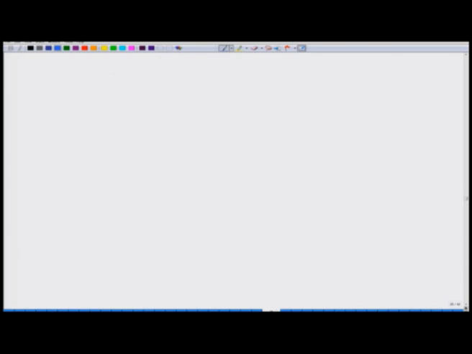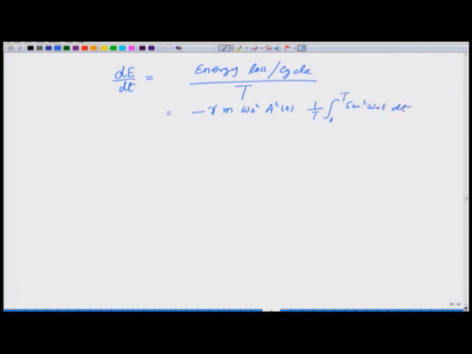Even better, if I want to talk about dE by dt, this is going to be energy loss per cycle divided by the time period, which is going to be minus gamma m omega 0 square A square t, 1 over T, integral 0 to T sine square omega 0 t dt, and this sine square average over a cycle is 1/2.